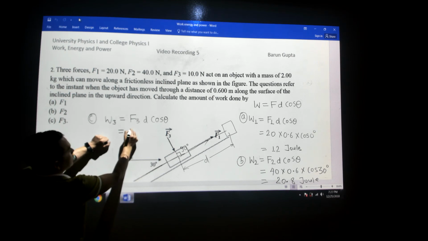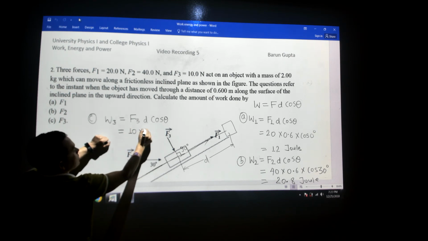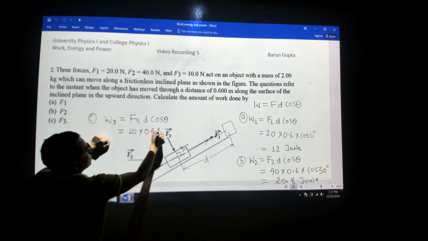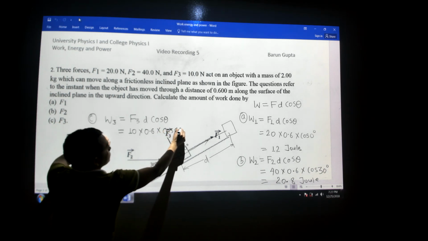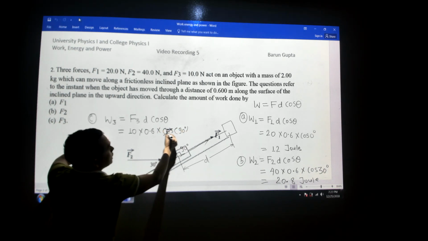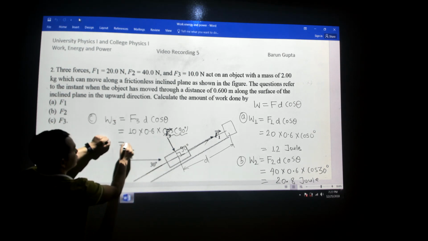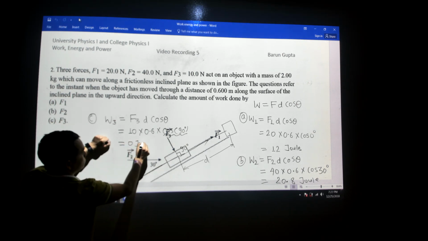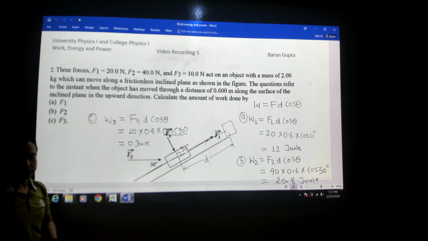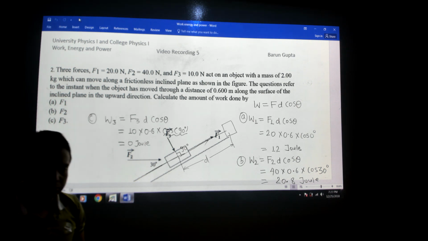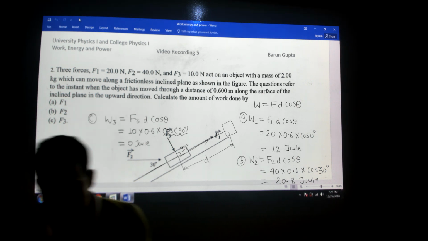The force is 10 Newton, so 10 times 0.6 times cosine 90 degrees. And you know that cosine 90 degrees is 0, so this is equal to 0. If the angle between the force and the displacement is 90 degrees, there is no work done.